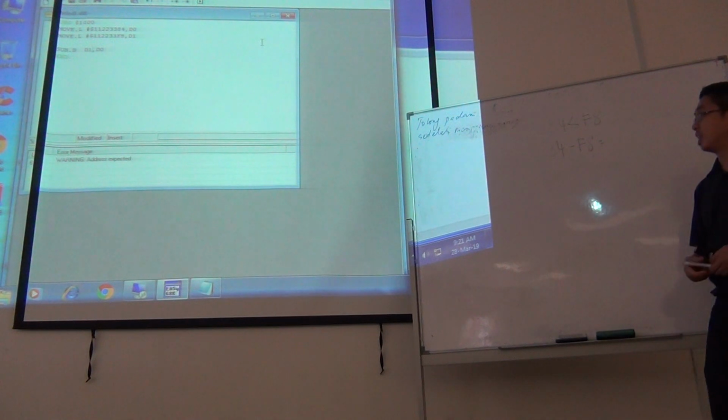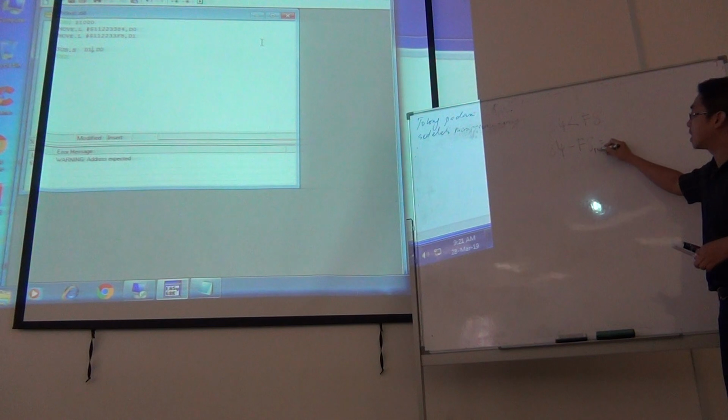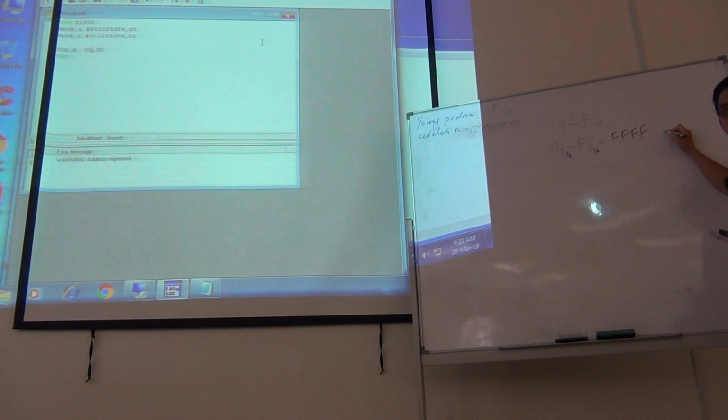Correct? So right now, can you tell me the result for the second complement? F, what is the other one? F, 8C. 8C. So let's look at the results here.